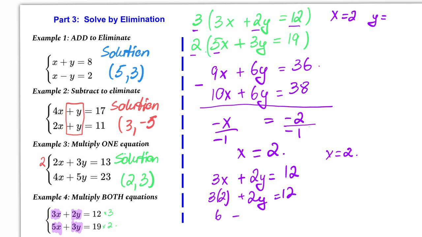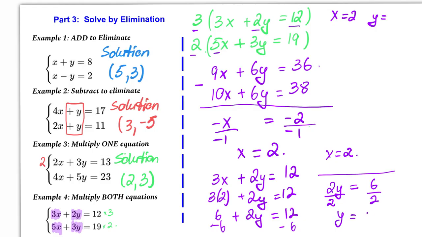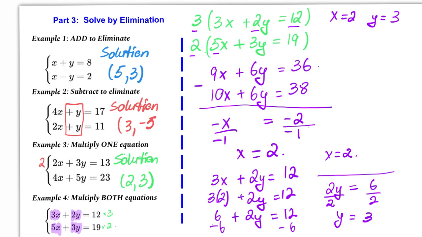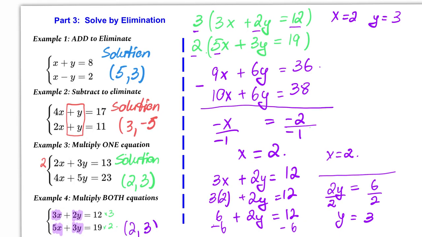And so that will be 6 plus 2y equals 12. We're going to subtract 6 from both sides. And so that will equal 2y equals 6. Divide both by 2. And so then y will equal 3. Okay, so we found our y, and our solution is 2, 3.